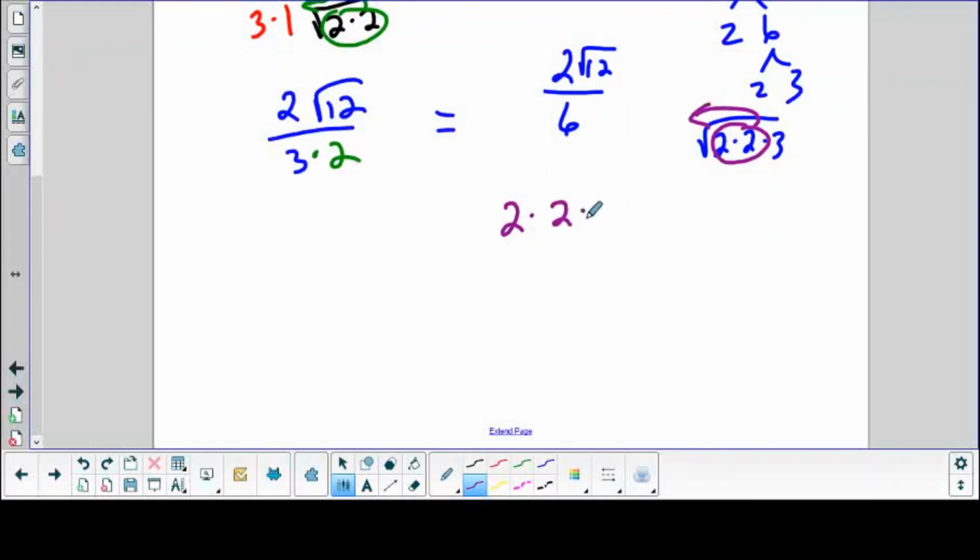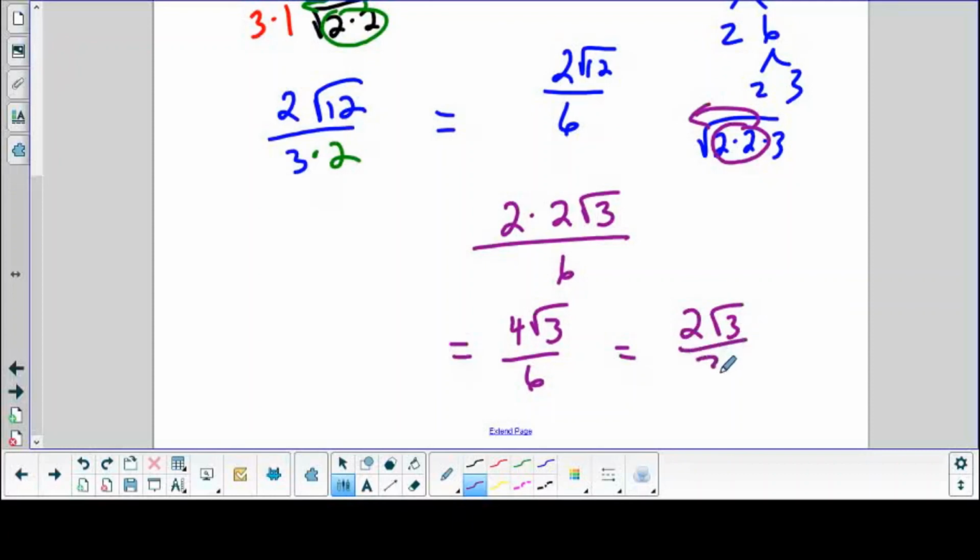So 2 square root of 3, all divided by 6. Now, at this point, you're probably realizing that this is going to simplify further because 4 and 6 are both divisible by 2. So this is 2 root 3 over 3.